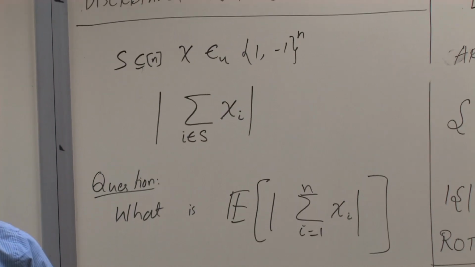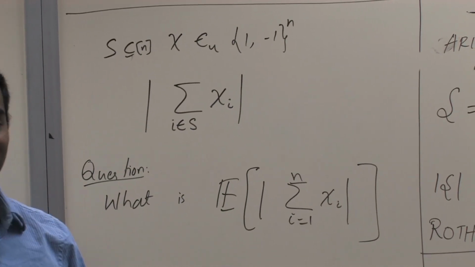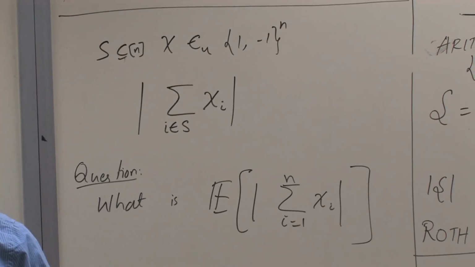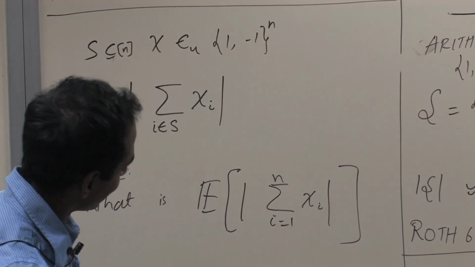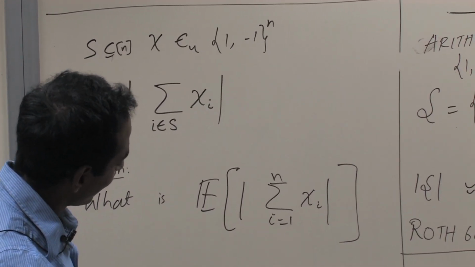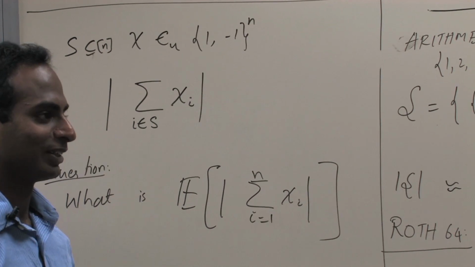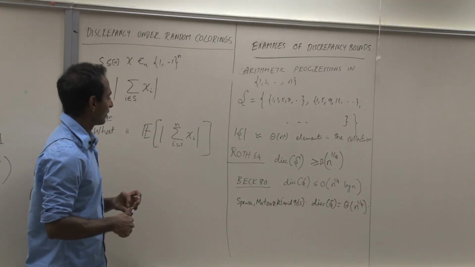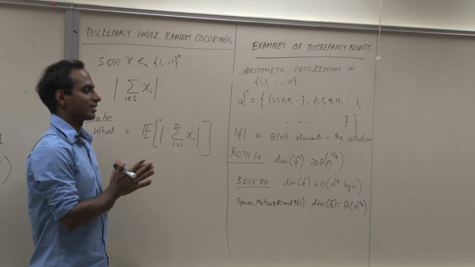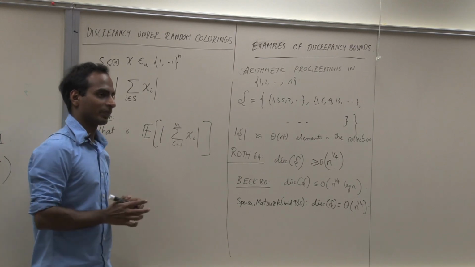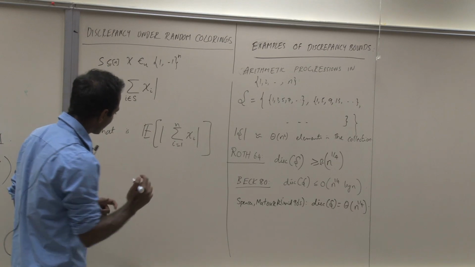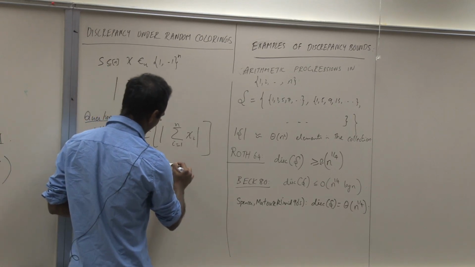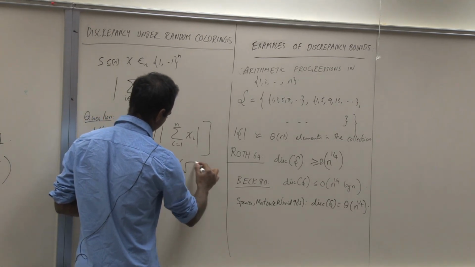Just take some guesses. It's always even, so it has to be an even number. That's a good point. But we are interested in much cruder bounds. I want an asymptotic upper bound. And the real answer is that this is going to be theta of square root of n.